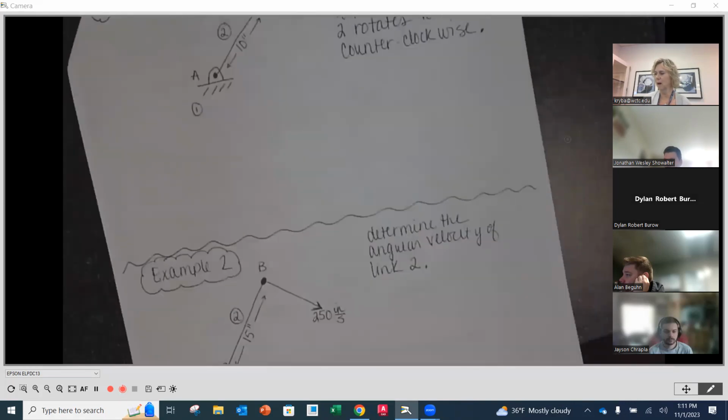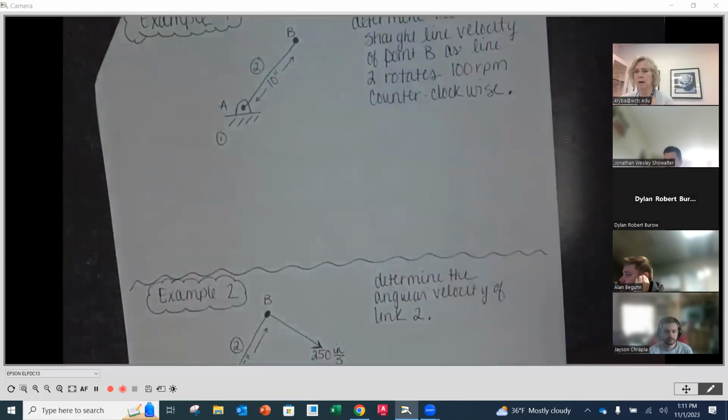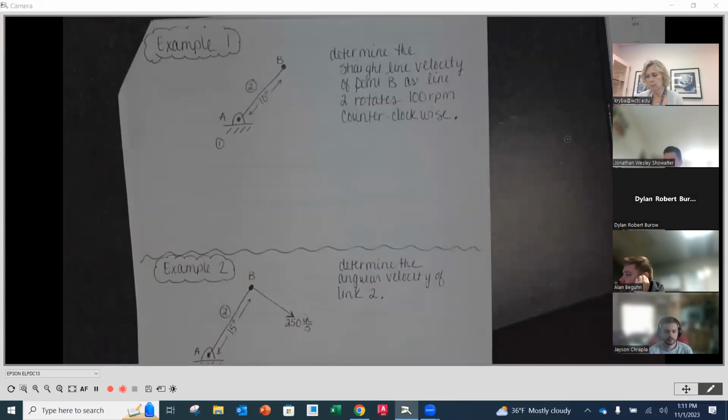Okay, all right. So then let's do a couple example problems. Here we have link number 2. It says determine the straight line velocity of point B as link 2 rotates 100 RPM counterclockwise.